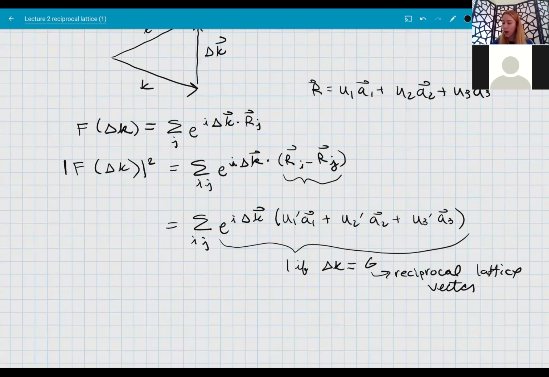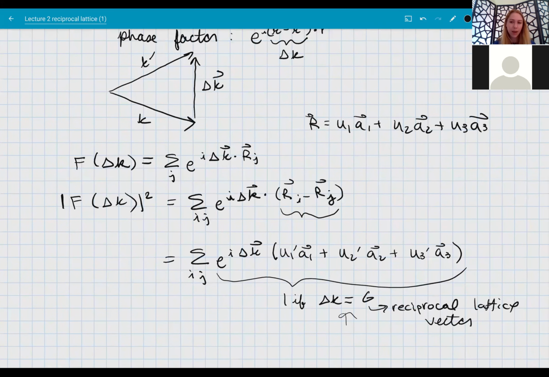So basically, when this statement holds, you have constructive interference. One piece of information that I haven't given yet, or maybe I have, but I'll remind you, is that these experiments are usually done in what is called elastic scattering, meaning the wavelength or the frequency of the incoming light is the same as the wavelength or frequency of the outgoing light.